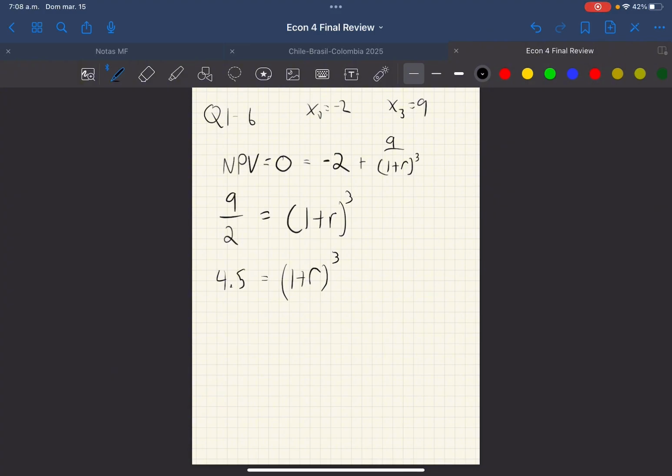Then you take the cube root of both sides of the equation, and you'll be left with 1.65 is equal to 1 plus r, and so r will be equal to 0.65, or 65%. So whenever you see internal rate of return, remember you're solving for r.